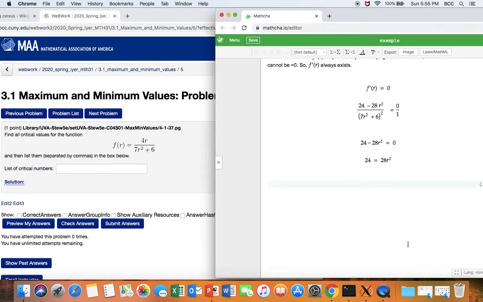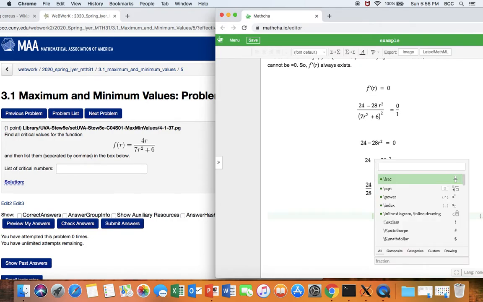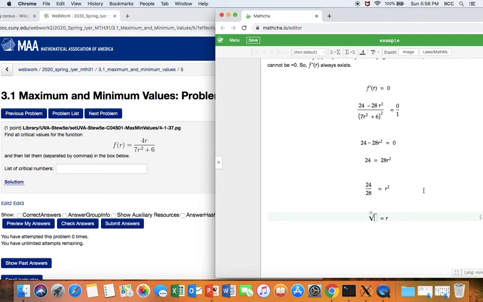I want to divide both sides by 28. So the fraction 24 over 28 equals r squared. Now, lastly, you want to take the square root of both sides. You get r on the right hand side, and on the left hand side is the square root of the fraction 24 over 28.